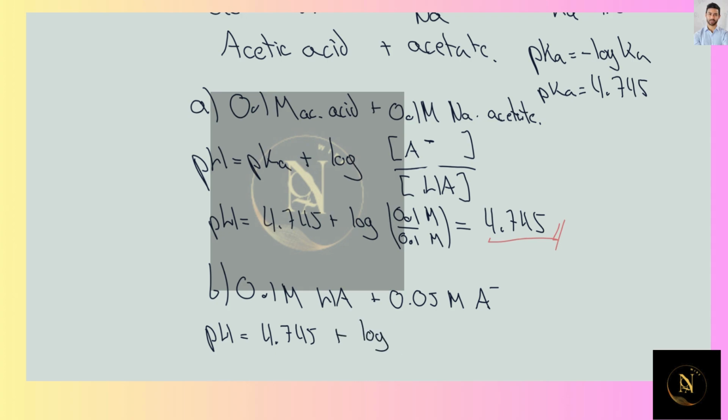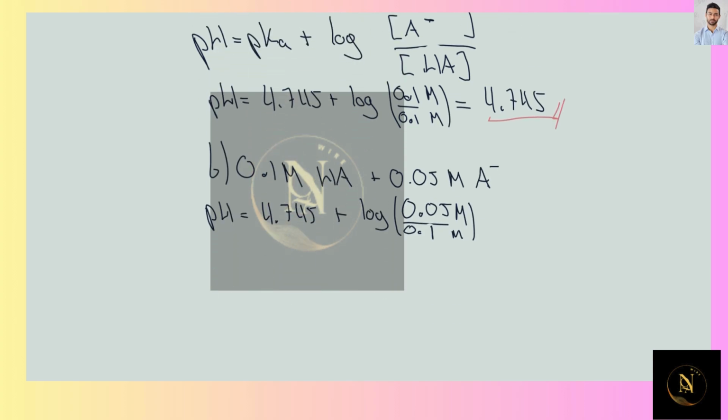The acetate is going to be 0.05 divided by 0.1 molar. Sorry, I added extra 0 here just by accident. The result for solution B is going to be a pH equal to 4.444.